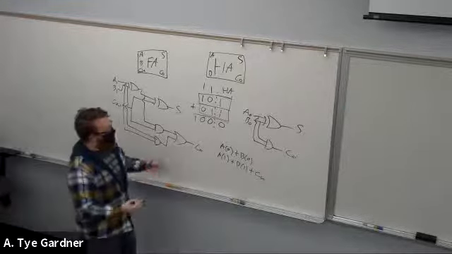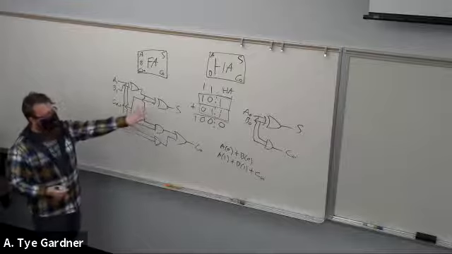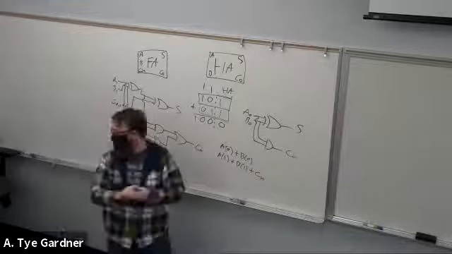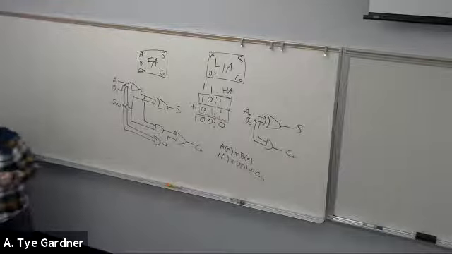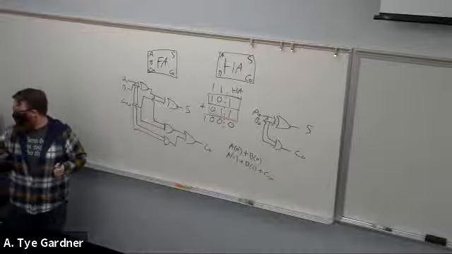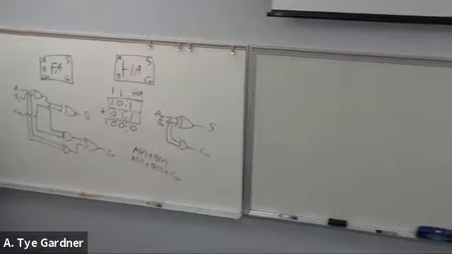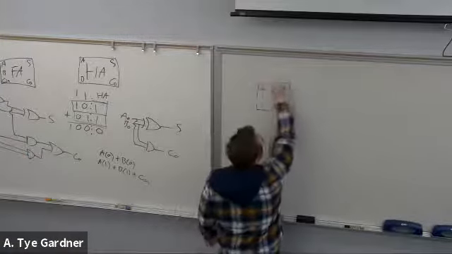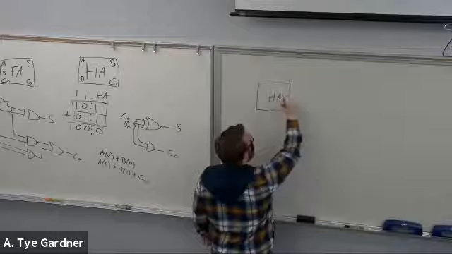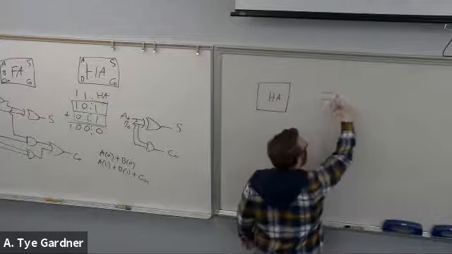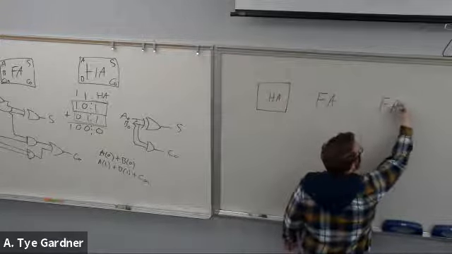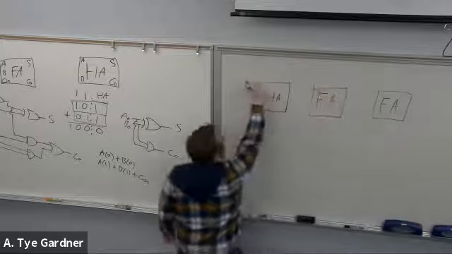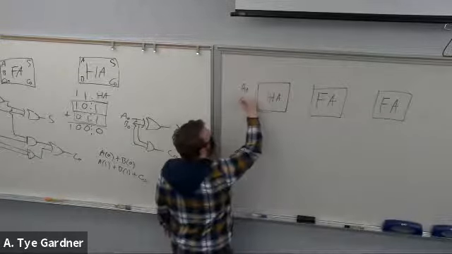So then if I wanted to draw this circuit, so if I wanted to have an ability to add 3 bits, I could just take a half adder, full adder, full adder, and then this one has A0, B0.